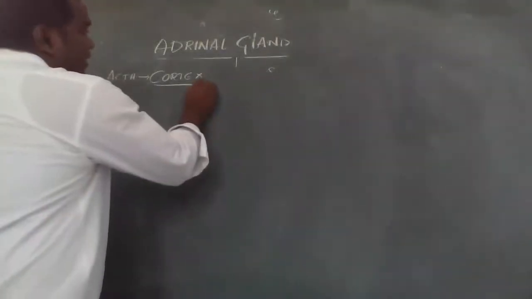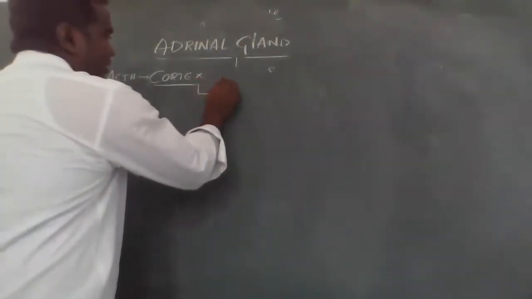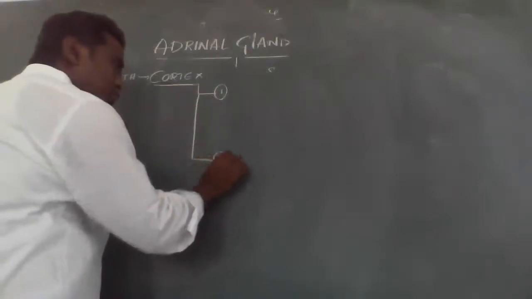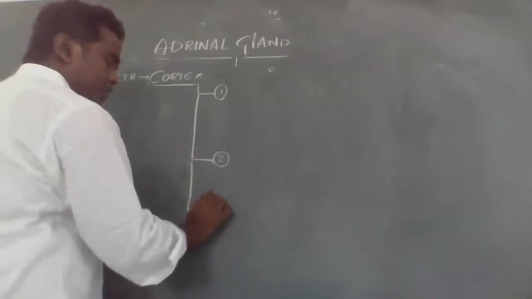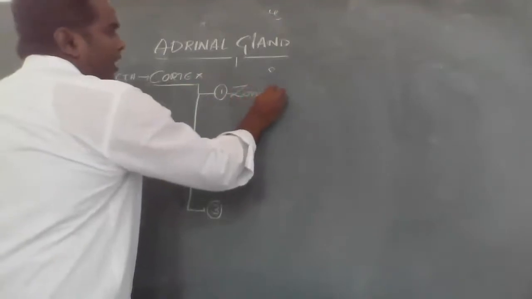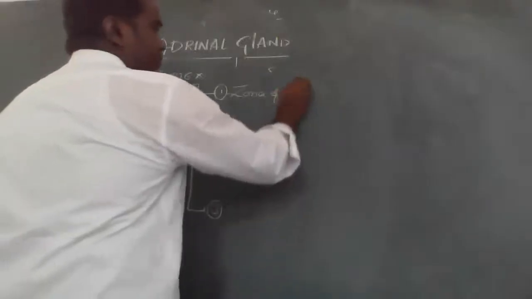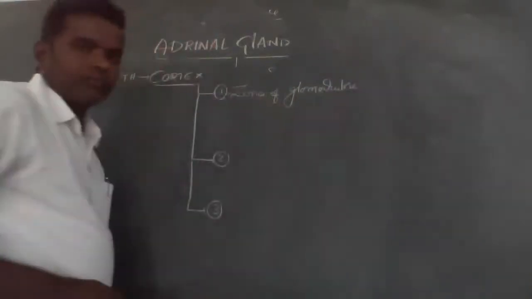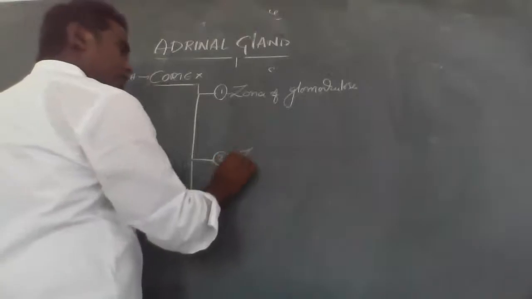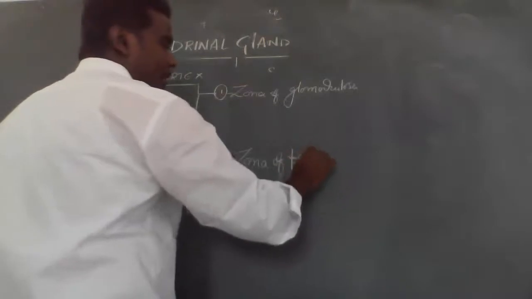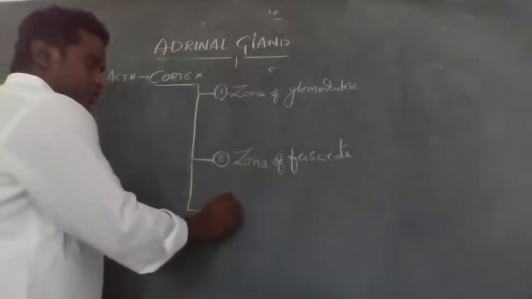Now, coming to the point. In this cortex region, there are three zones, na? The first zone is called zona glomerulosa. The second zone is called zona fasciculata.